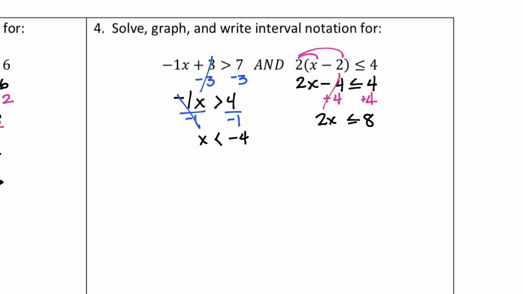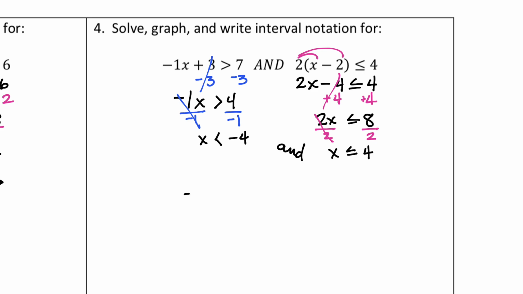Okay, divide by 2. Those cancel. And x is less than or equal to 4 with an and in between.